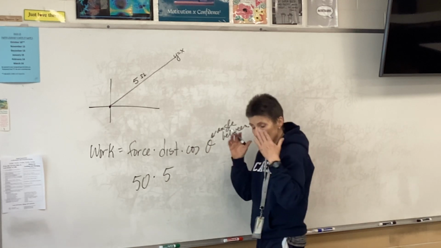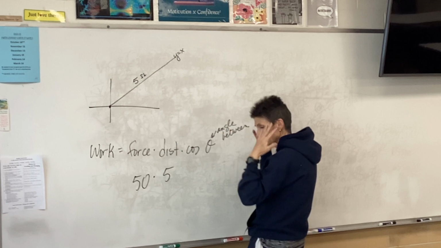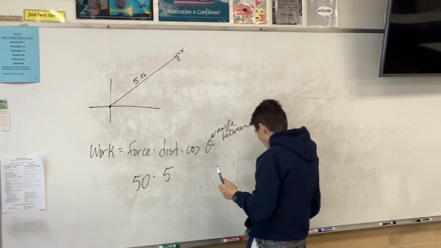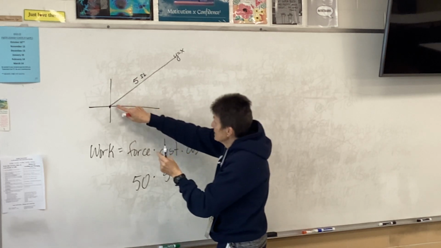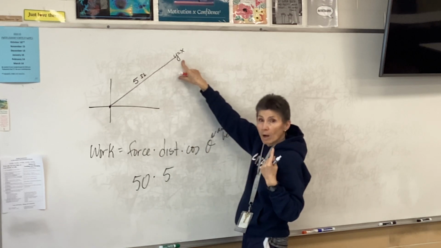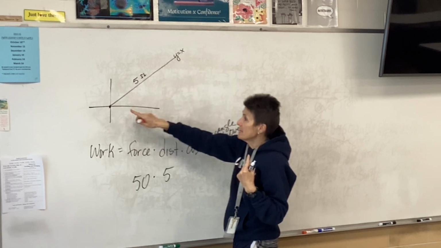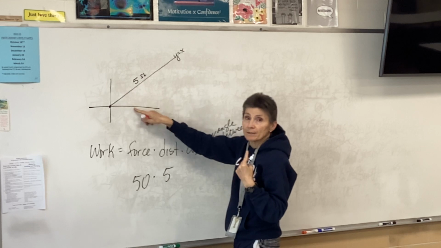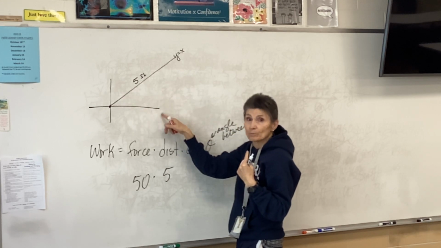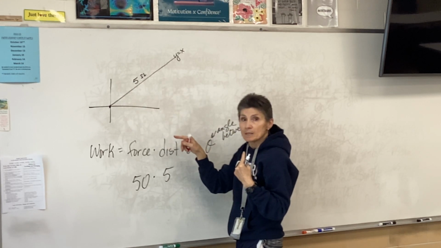All right, now you're going to have to use some logic here. I'm going to try to draw a picture of this. This guy is moving along the line y equals x, which means over 1, up 1, over 2, up 2, over 3, up 3, and so on.